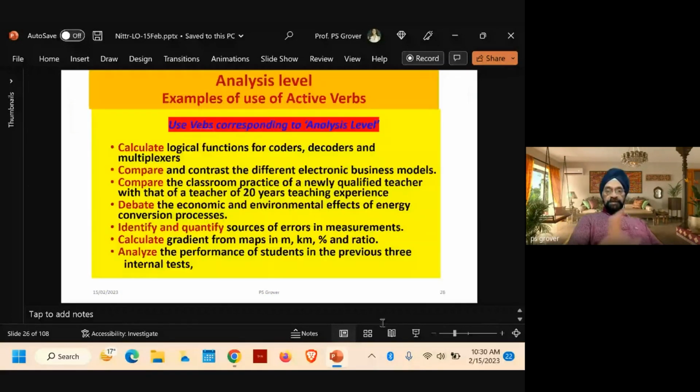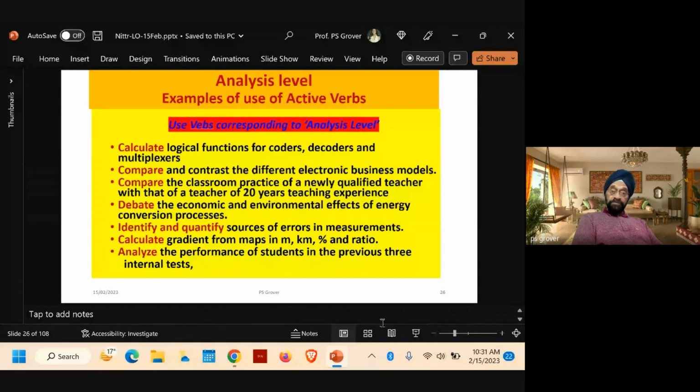Now, see, when I say analysis level, examples of active verbs are calculate, compare. Now see here, these verbs send a kind of signal in the brain that there is a comparison involved, that there is an estimation involved, that it is not a straightforward remember.